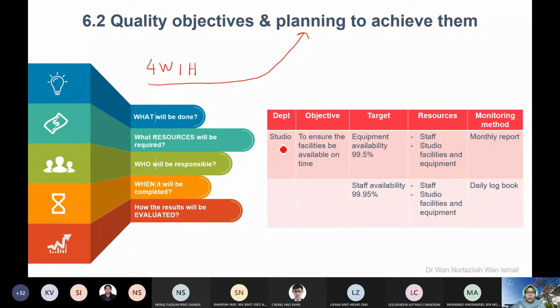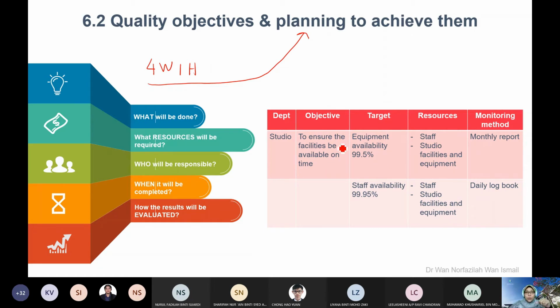So for example, if you are working in studio, okay, I'm giving you another example instead of a laboratory. You are working in studio, so the objective is to ensure the facilities be available on time in order to say that you have a quality services.